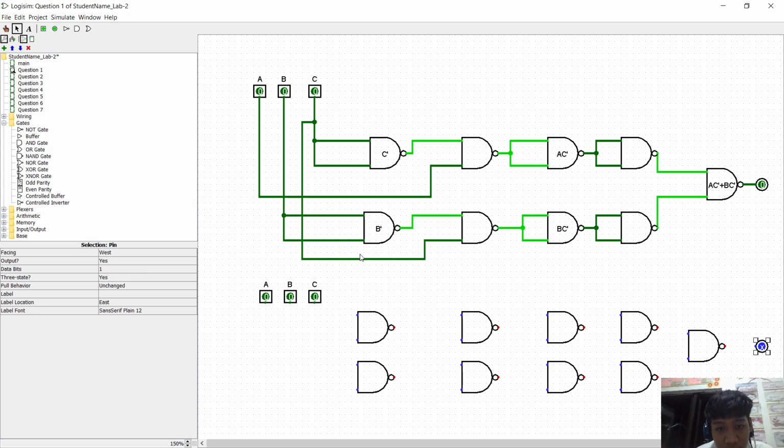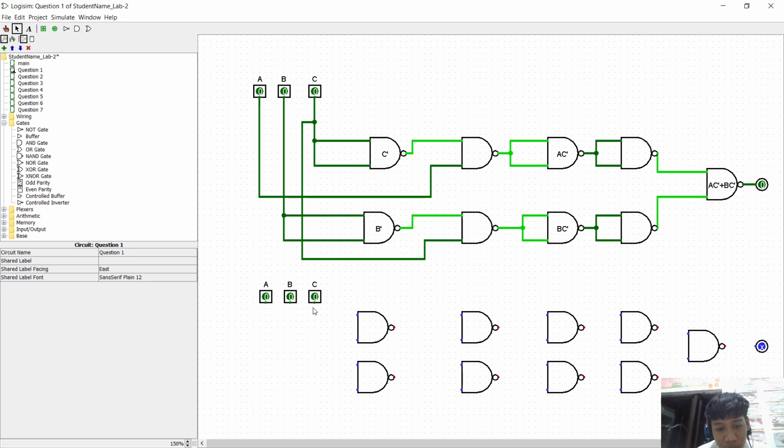So first, in the first NAND gate, we will have to input a C invert. What I mean is we will have to invert the input for C. To do that, we will input it here first, and then place it here.